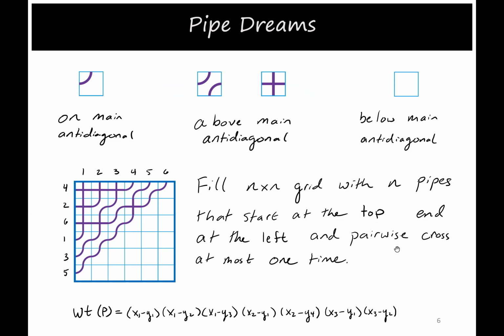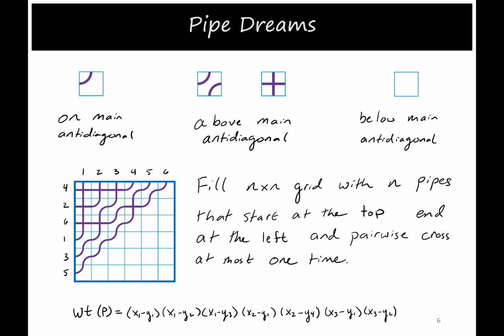The interesting bit is that pairwise, you want pipes to cross at most one time. This gives you something called a reduced pipe dream. If you saw Carola's talk, she also talked about non-reduced ones where you just allow more crossings. The way we start to get polynomials out of these combinatorial objects is that each pipe dream gets an associated product of binomials.